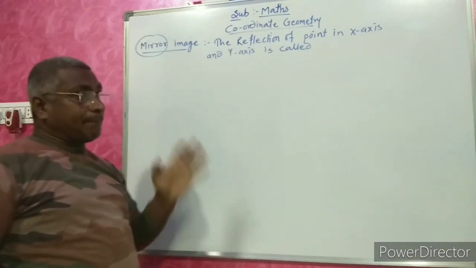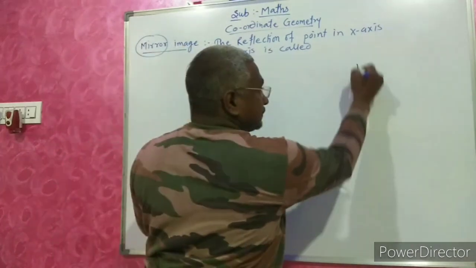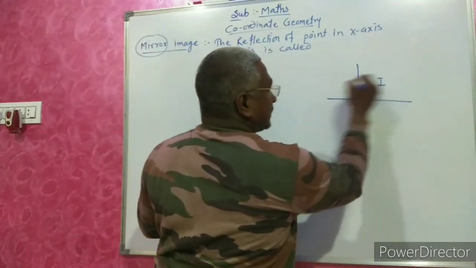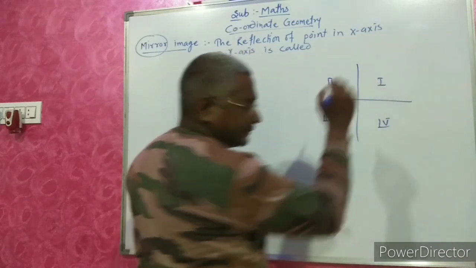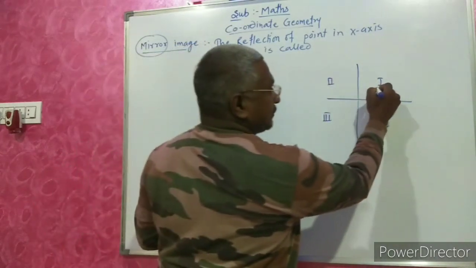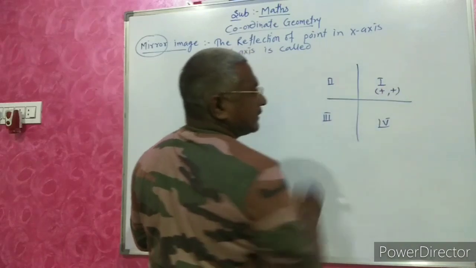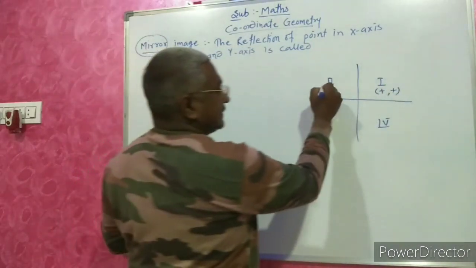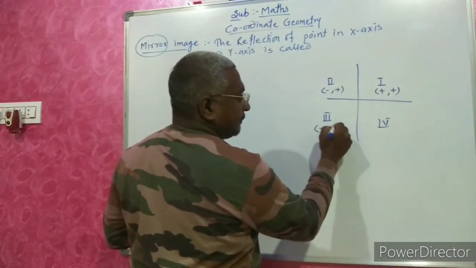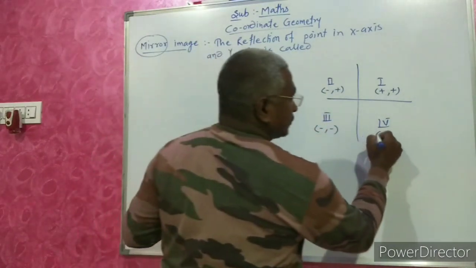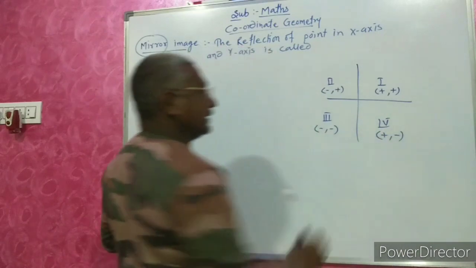Already on the graph paper we discussed the first quadrant, second quadrant, third quadrant, fourth quadrant. In that, the sign convention we studied: first quadrant plus plus, second quadrant minus plus, third quadrant minus minus, and fourth quadrant plus minus.